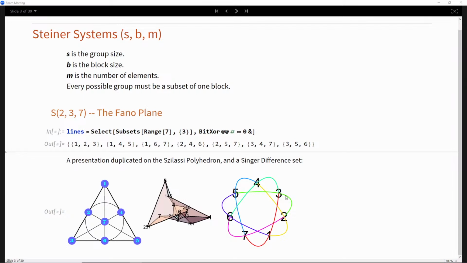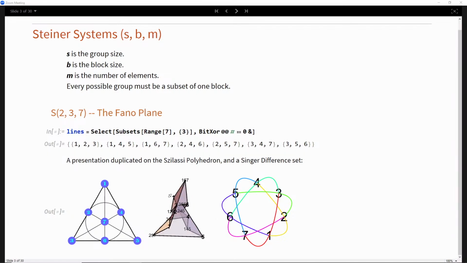Another way of showing another Fano plane is over here with a Singer difference set. You can take any two numbers, for example, 1 and 4, and that's the yellow line. 1 and 4 connects here. So there are 7 different colored arcs. Here there are 6 lines in a circle, and in this polyhedron, there are 7 faces.